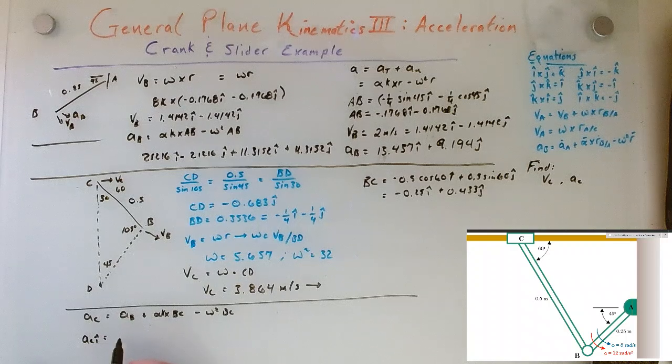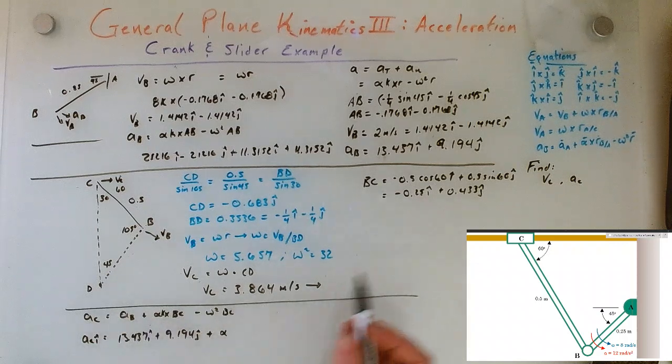So this is equal to 13.437 I plus 9.194 J plus, okay, alpha, we don't know, right? So alpha K, this is alpha in the K direction, crossed with BC. So this, we don't know yet.